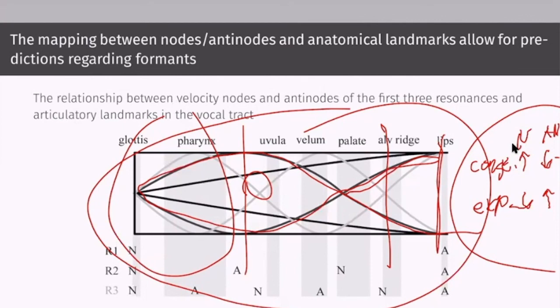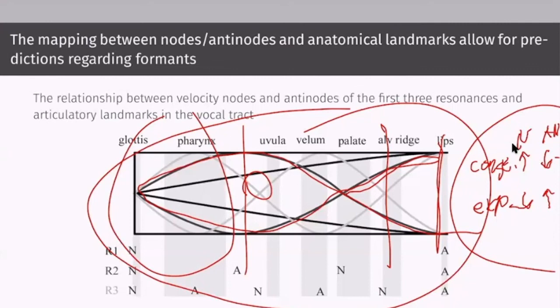I need to find a place that's near a node for F3, a node for F2, and an antinode for F1. And you don't have to be super close to be near.